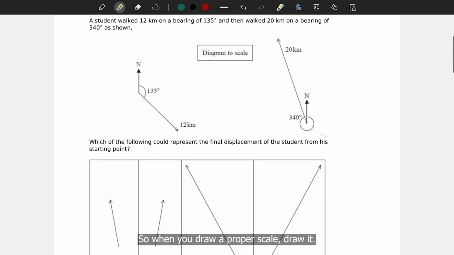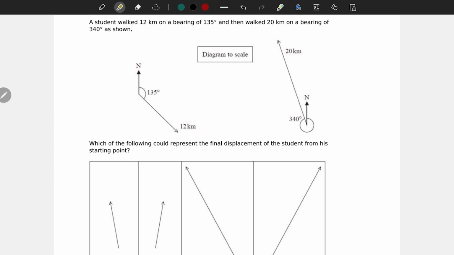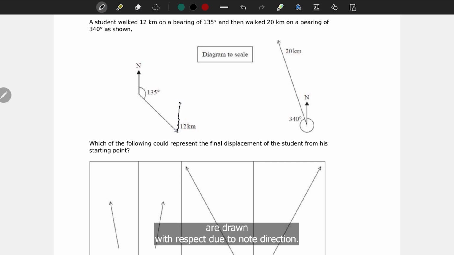So when you draw a proper scale drawing, now take a look at this. Length of this one is 20 kilometers, and this is 12 kilometers. Without even measuring, you can simply draw another line. Now draw a line representing the north direction, because all the angles are drawn with respect to the north direction.